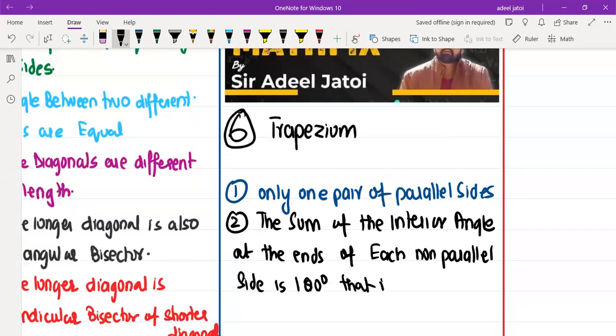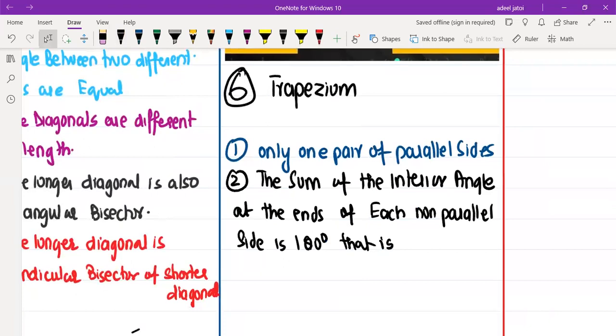That is, A plus B should be equal to 180 degrees, and C plus D should be equal to 180 degrees.